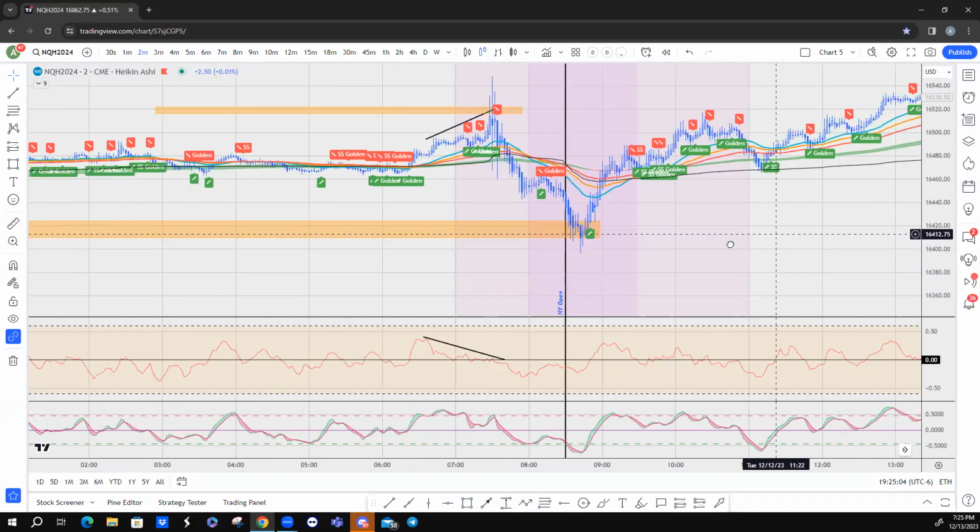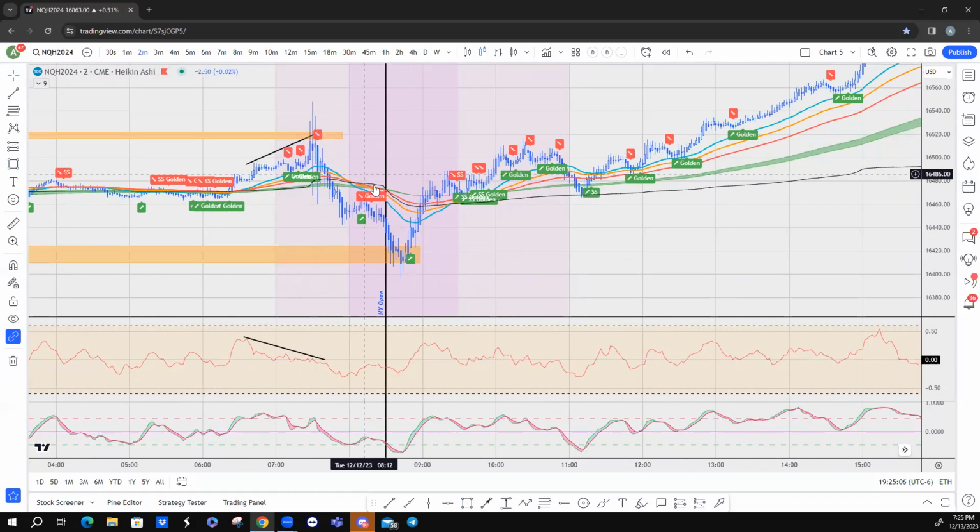Okay. So with this said and done, let's just say I did take two trades. I took this trade here and I took this trade here. So now as a trader, you really need to decide what kind of a trader you want to be.